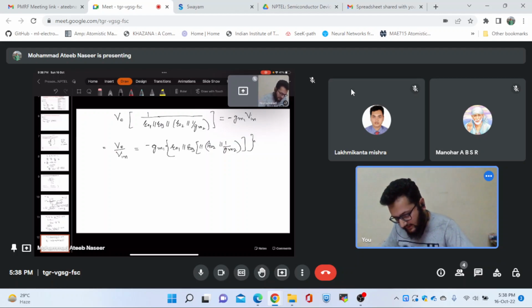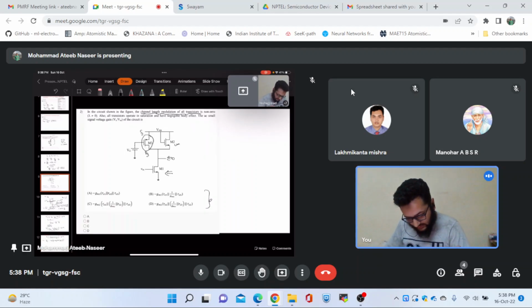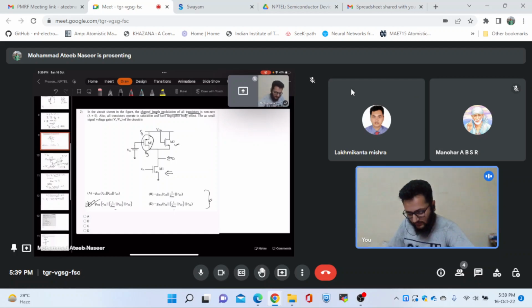This is the gain. So let us check the options. 1/gm2 is in over here, so this is the correct option to go with. So we have solved this circuit by using the small signal model.